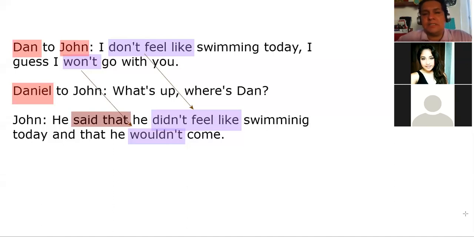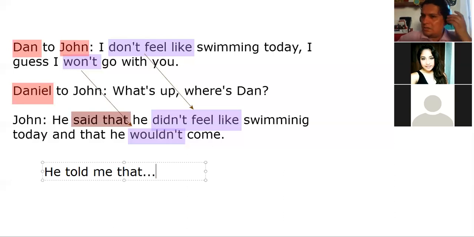In the reported speech, we only use said. This is like the grammatically correct way. Maybe you could say he told me that. We can use that one, but it would change a little bit. It would break the rule. So grammatically correctly, we only use said.